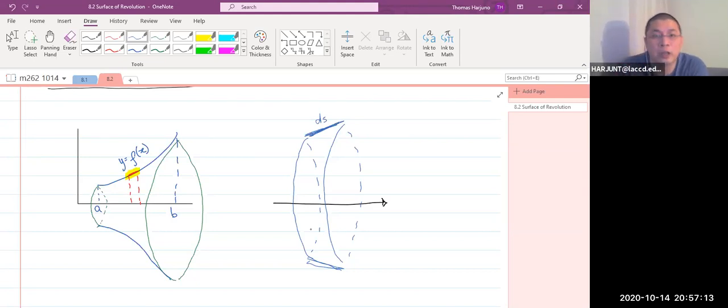The way is by approximating this surface as the lateral area of a cylinder. Suppose the height here is y, so that's the radius of that cylinder. Then the area, let me call it dA, will be 2 pi y, that's the circumference of the cylinder, multiplied by ds.